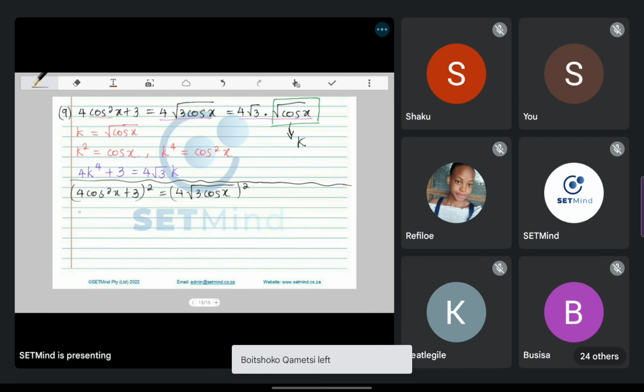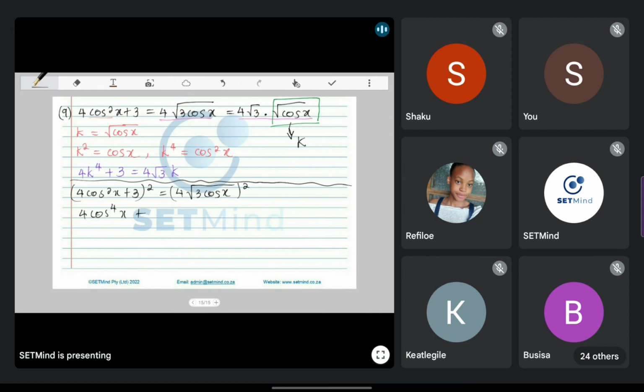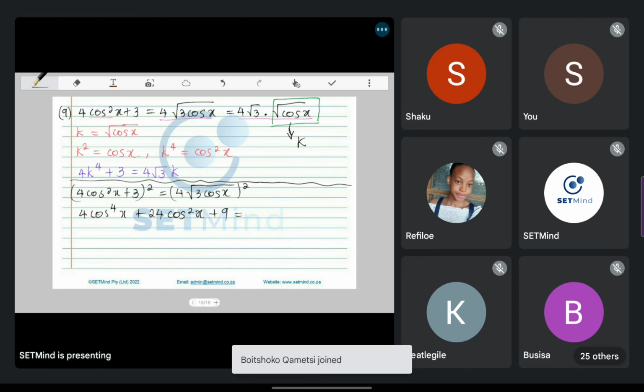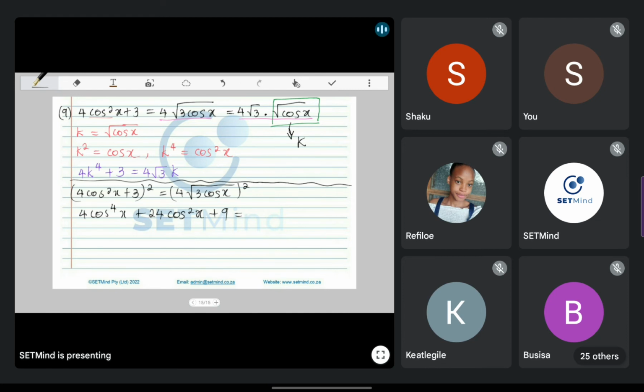If I square the left, I'm going to have 4 cos squared x times 4 cos squared x, plus 4 times 3 twice, that's 24 cos squared x, and then plus 9. On the right I have 16 times 3 cos x. So this doesn't even make it better, but let me try it out.